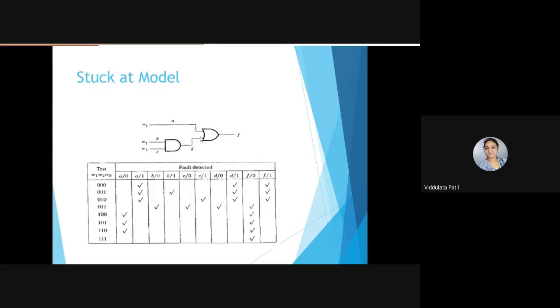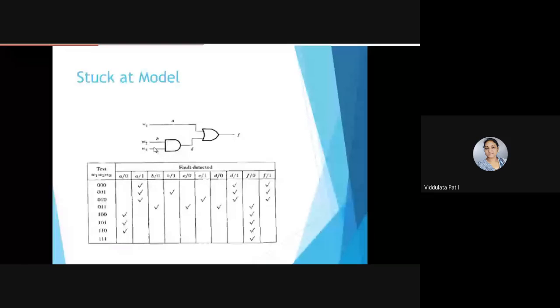The output of that AND gate is connected to the OR gate, and then we get the output F. There are three inputs, W1, W2, W3, and F is the output of this circuit. There are 5 wires in this circuit: A is one wire, B another, C the third, D the fourth, and F, connecting the output of the gate to the output pin, is the fifth wire.